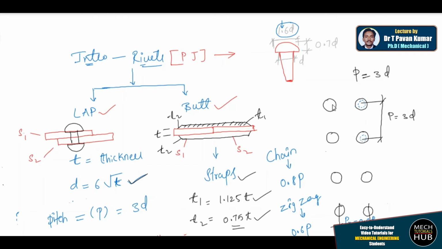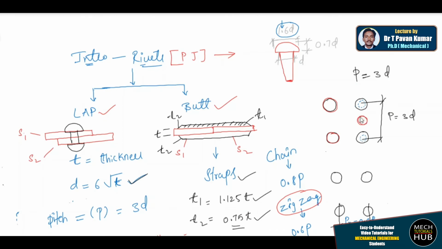Where if you look at vertical or horizontal, rivets are aligned, whereas in case of a zigzag arrangement, if you consider one single row, this is rivet 1, this is rivet number 2, and rivet 3 will come here somewhere.